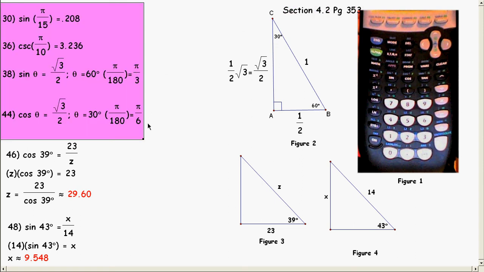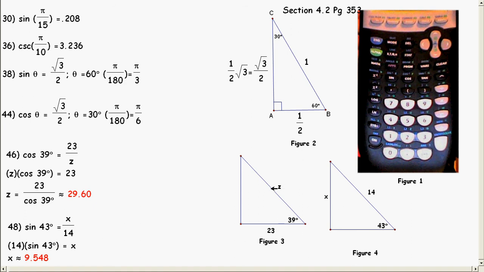All right. On number 46, they're asking you to find the length of z, and I refer now to figure 3. They ask you to find the length of z such that the cosine of 39 degrees, so this is all relational.